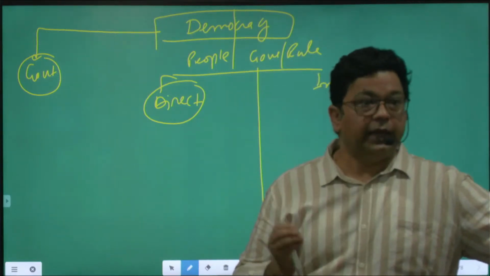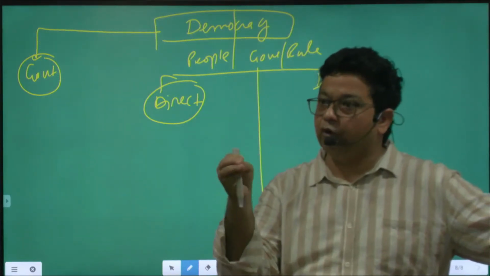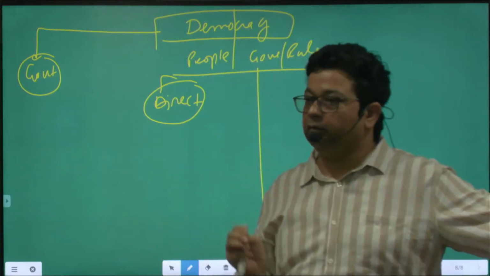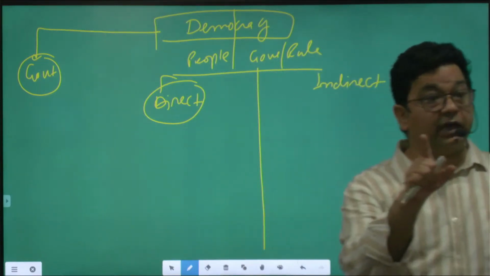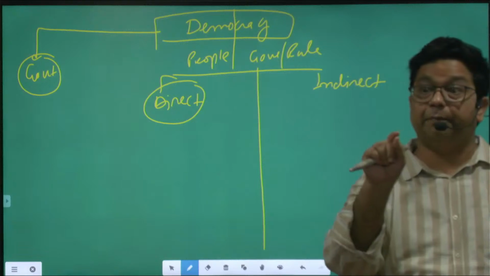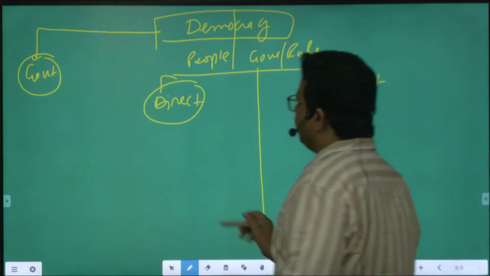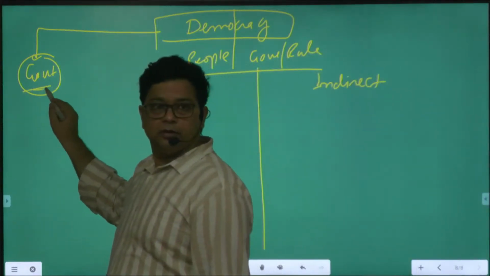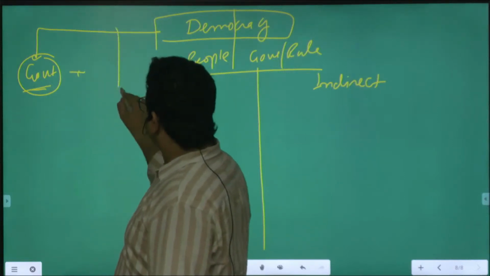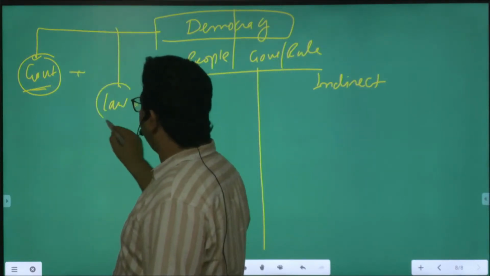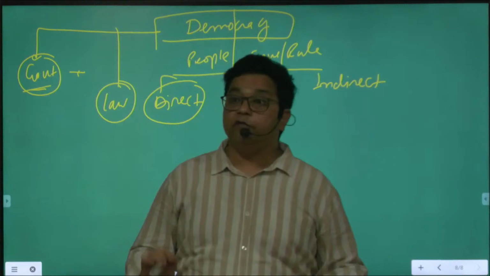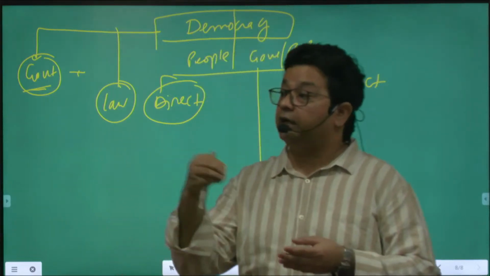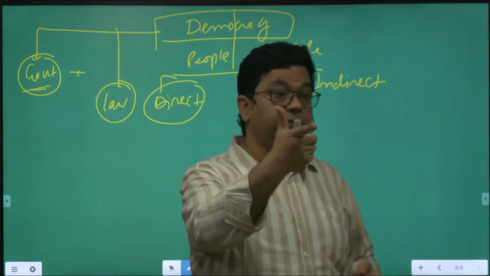It means what type of government they want is decided by the people themselves. It also means their participation in the formation of law. Which type of law they want for themselves is also decided by the people.